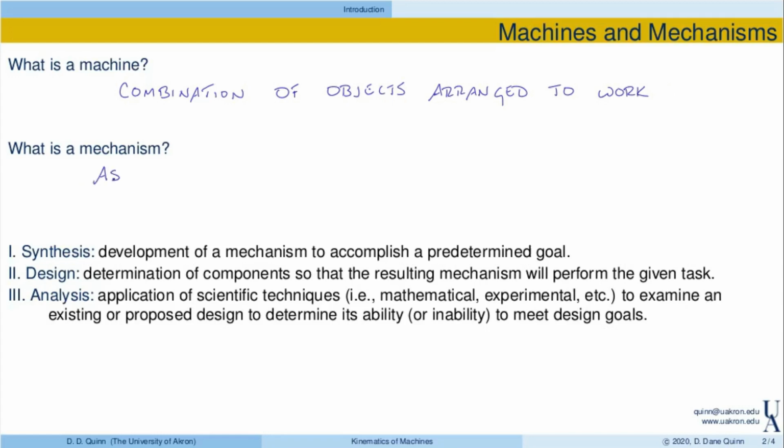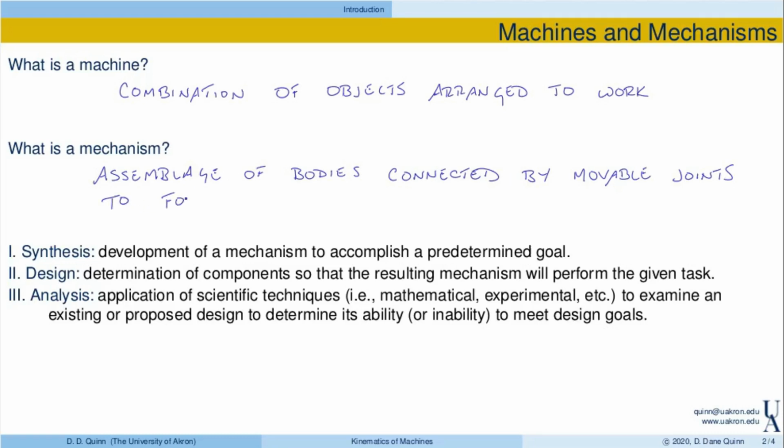Well, it's an assemblage of objects or bodies connected by movable joints, and these are also constraints to form a closed kinematic chain.